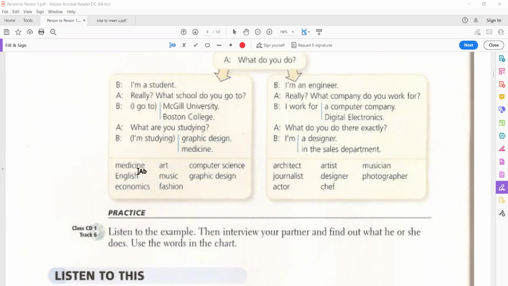So for example, if your field of study is medicine, you can be a doctor or you can be a pharmacist. Okay, so it depends. Now, if you're studying art, that means you're an artist. If you're studying graphic design, that means you're a photographer or designer. If you're studying music, then you're a musician and so on.